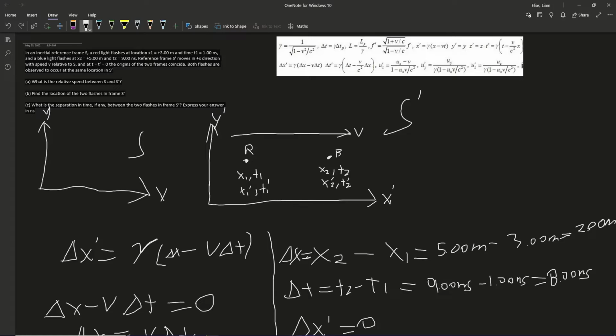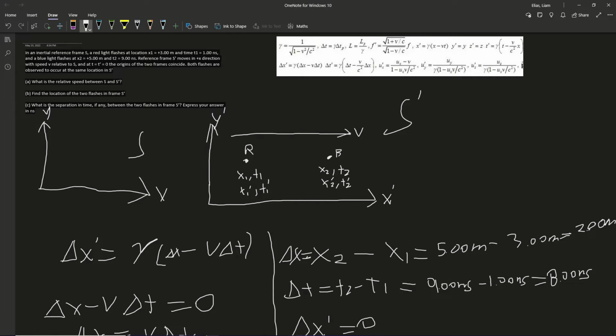We can use either of these two events for this formula, but we just have to make sure we stay consistent. So if we use x1 as x, we need to use t1 as t, or x2 as x and t2 as t. We pick either one to use in the equation because ultimately when we get its location, that's going to be the location of the other because they happen in the same location in S prime.